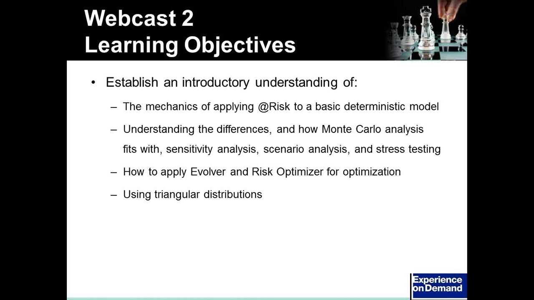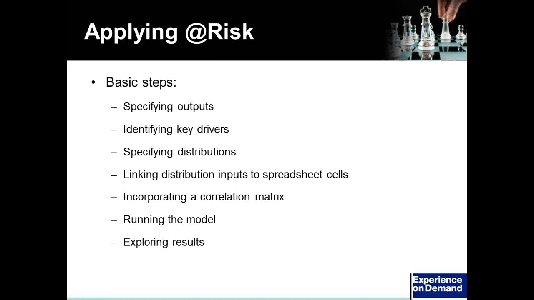We'll also cover the differences in applying Evolver versus RISKOptimizer for optimization. And then we'll spend a little bit of time talking about the application of triangular distributions as you think about project risk or the risk and uncertainty of the capital cost of, for example, in this case, actually constructing the hypothetical widget factory in our example.